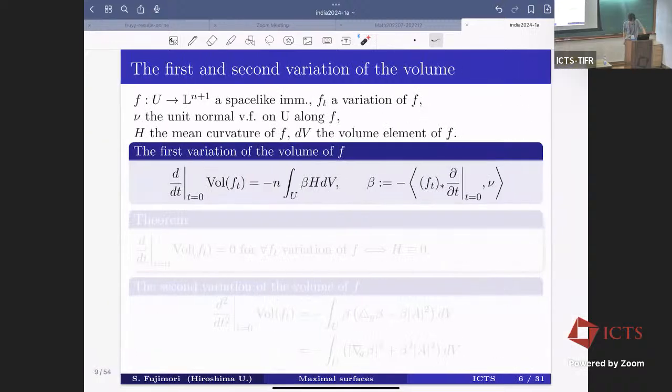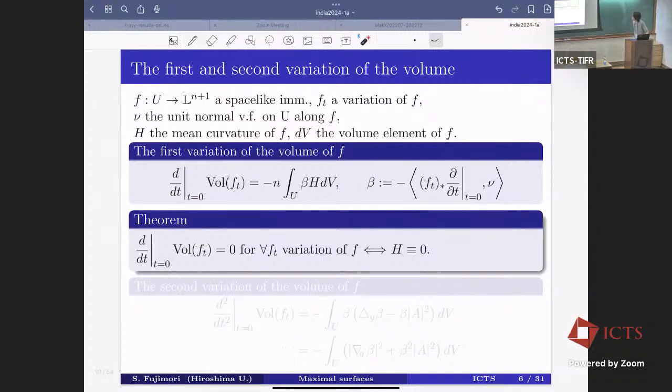Then we have the first variation formula of the volume of f: taking the first derivative of the volume of f_t with respect to t at t equal to 0, we get this equation, where β is defined here, and the integral of β times h dv. The computation is almost the same as in the Euclidean case.